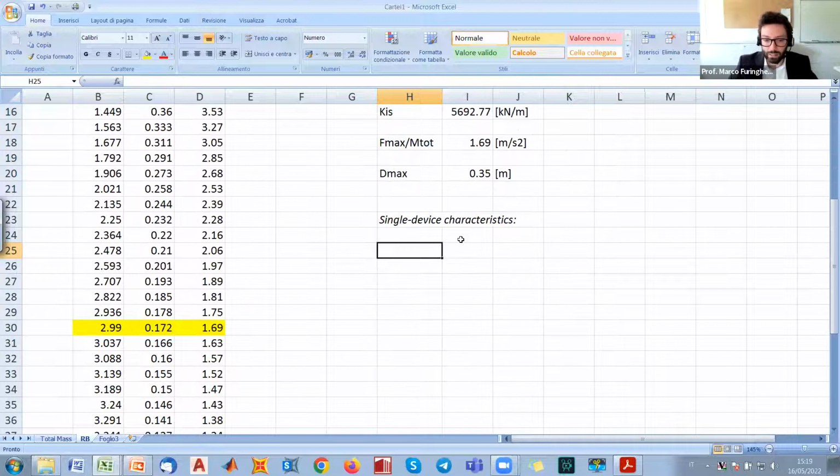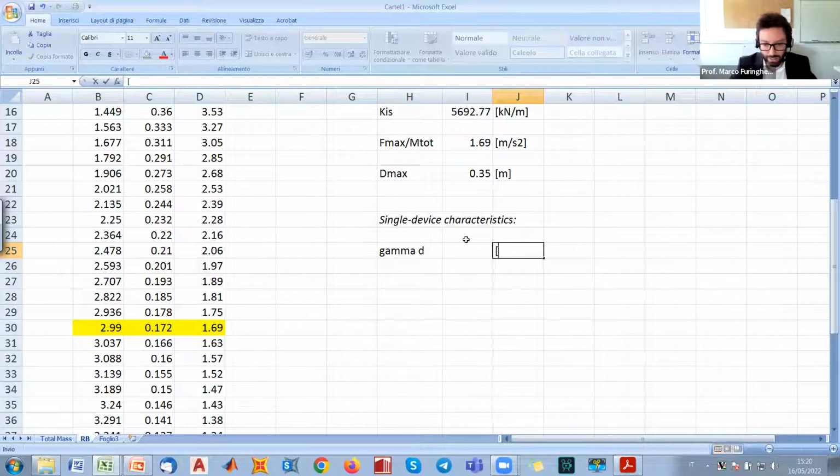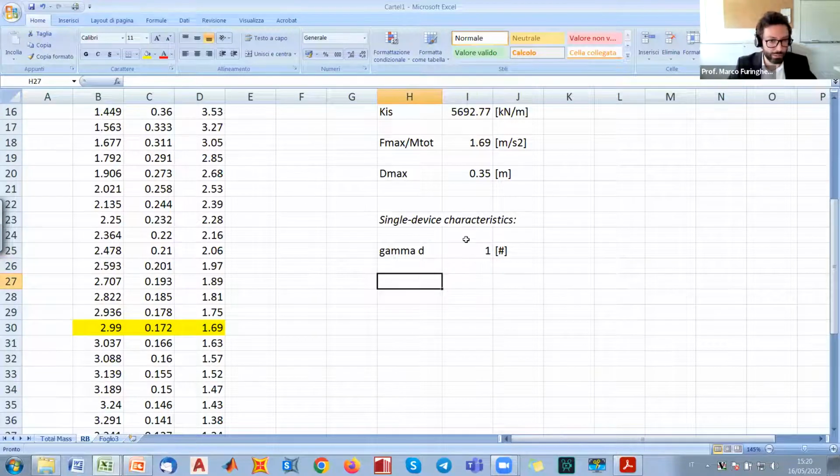Okay, let's start with the definition of the height. We have to define the lateral shear strain, gamma, let's call it D, which stands for design. This is just a number, 1, which stands for 100%. Perfect.